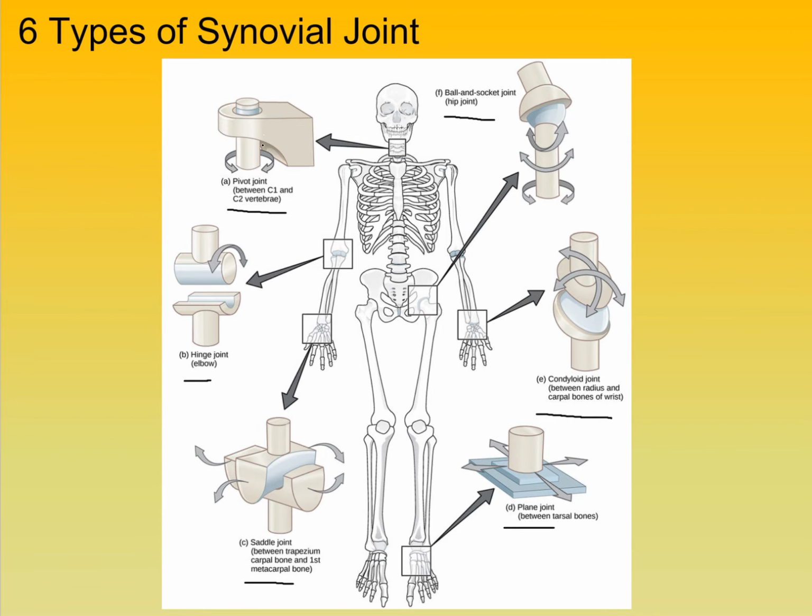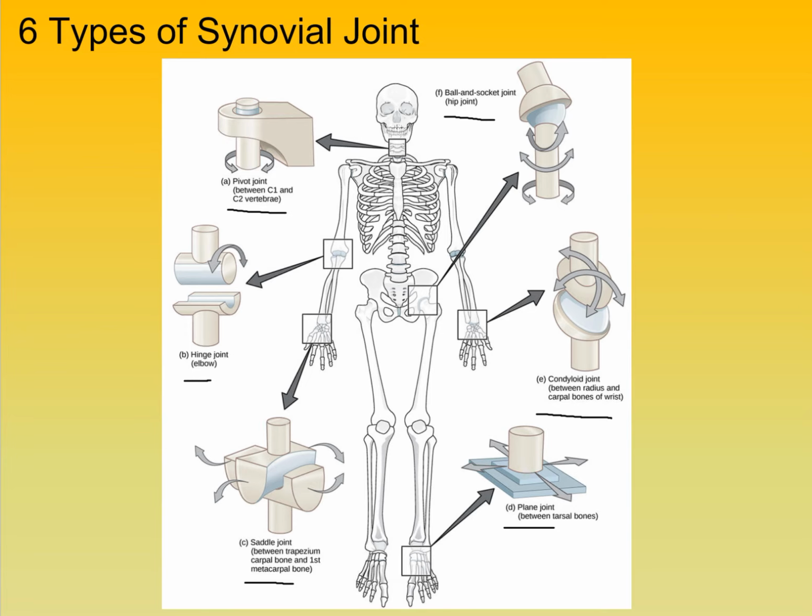The diagrams are really sort of mechanical drawings, but you can see from the shape of these joints, how things come together, that they only will allow a certain range of movement. So what you've got to do is to be able to know an example of each, and also be able to define what they mean.